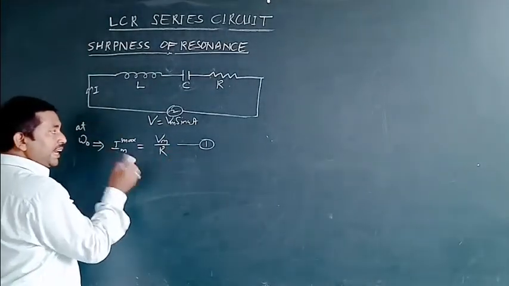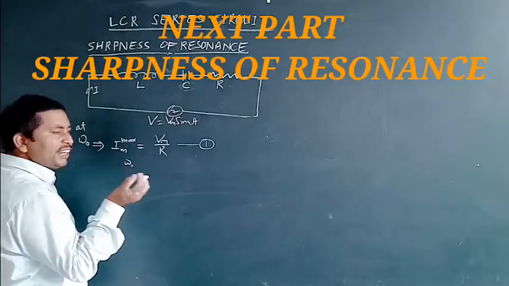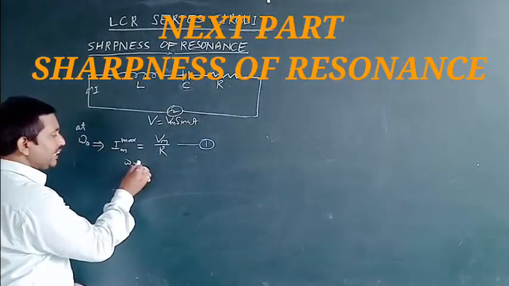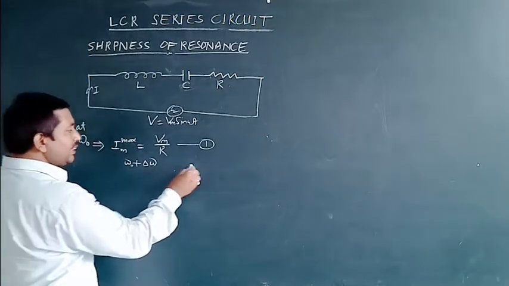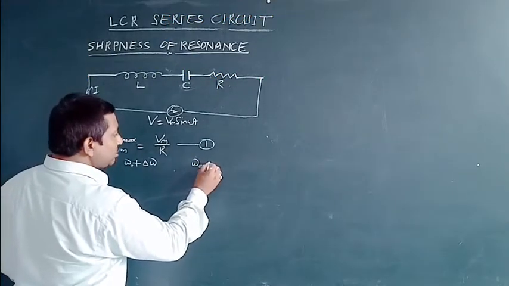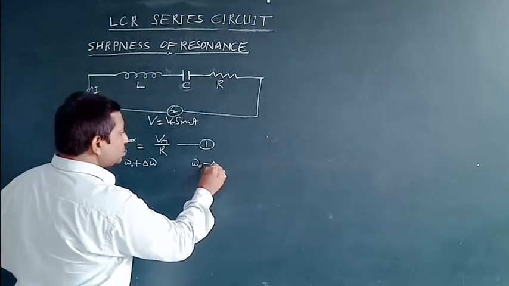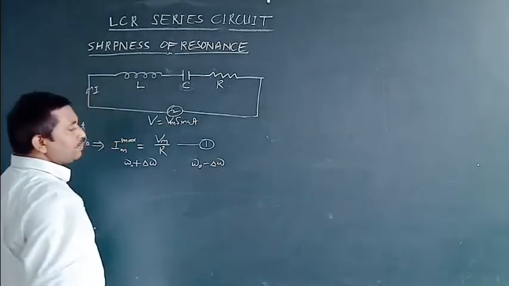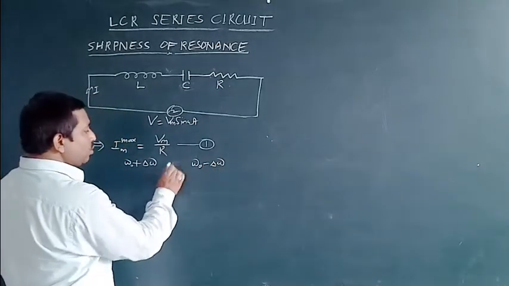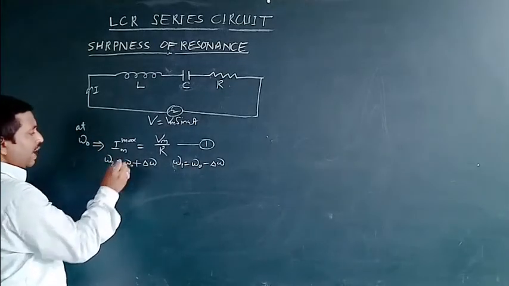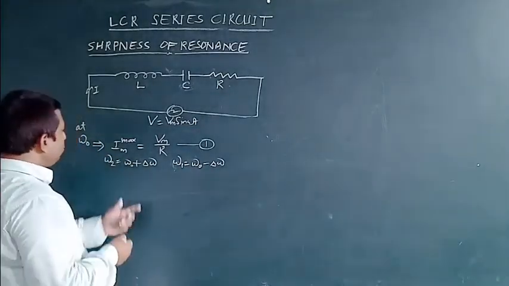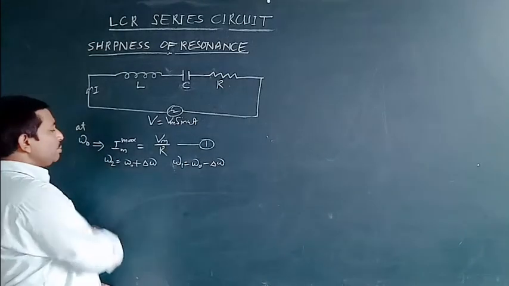We take two different frequencies, one slightly smaller than omega naught and the other slightly greater. The smaller value is treated as omega 1, and the larger value is treated as omega 2.